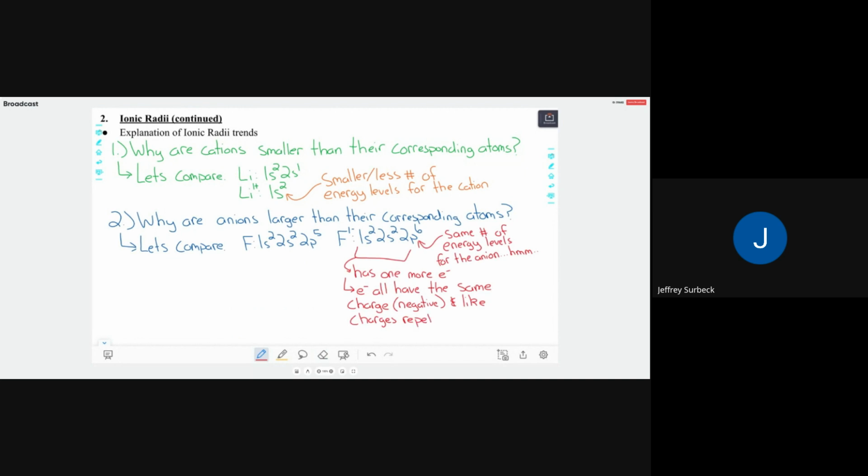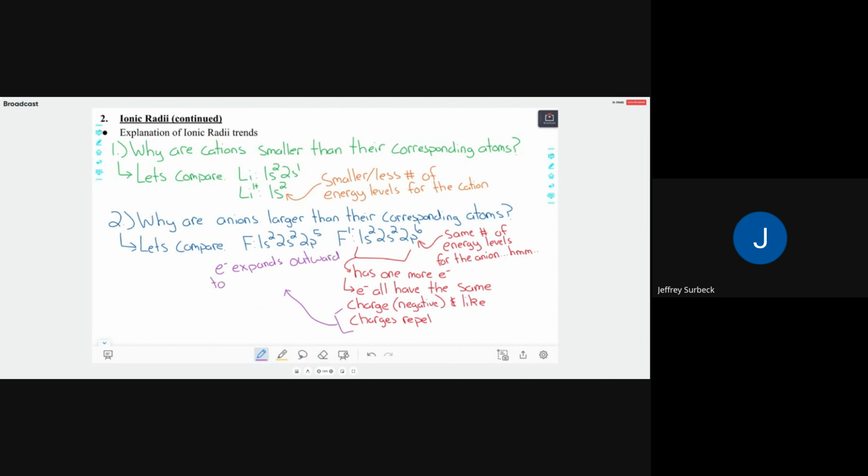To put this all in perspective, our major component is that like charges are repelling. As the electrons expand outward, because they're repelling, they're moving away from each other to minimize that repulsion.